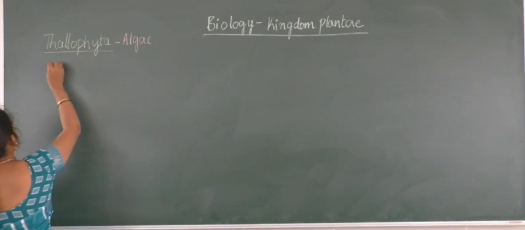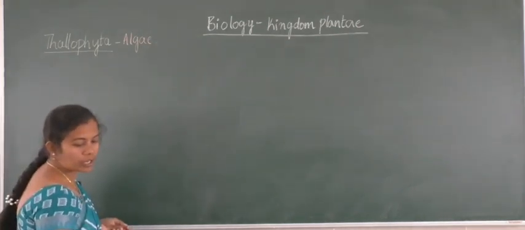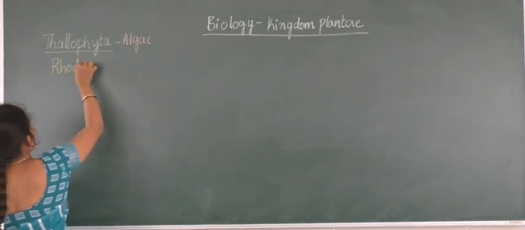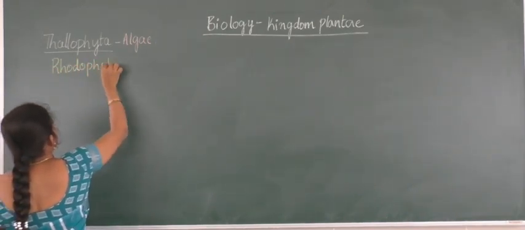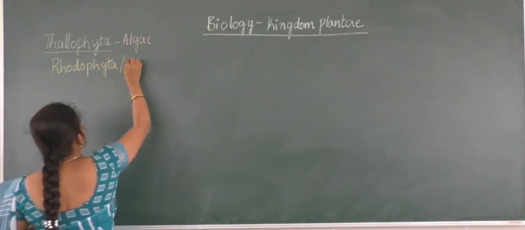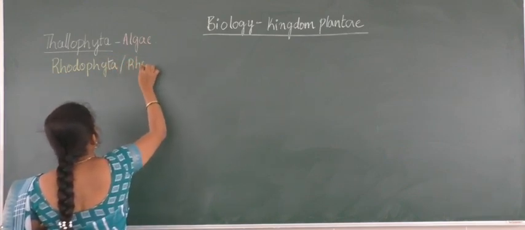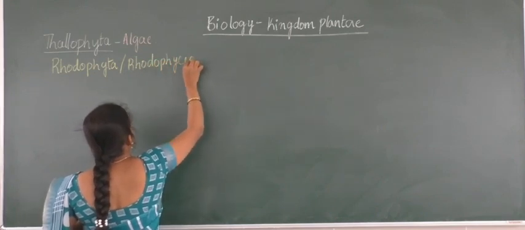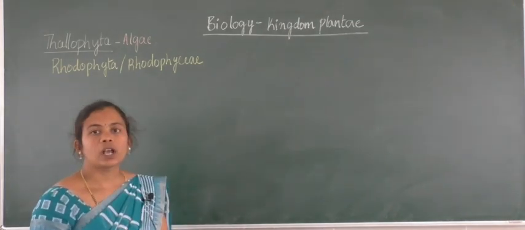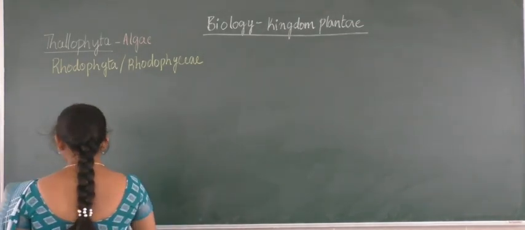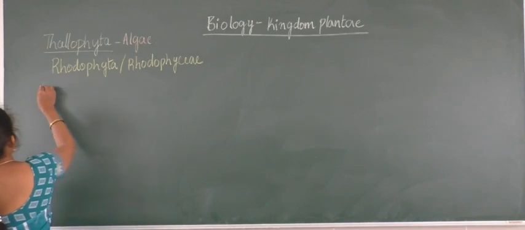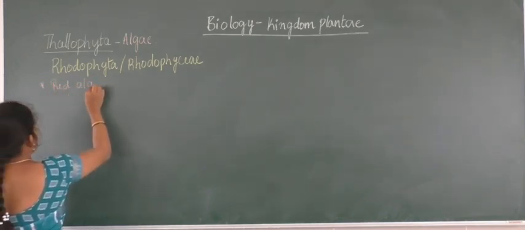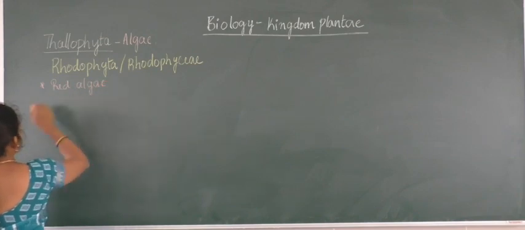In this session we are going to discuss the next group of organisms called Rhodophyta, or Rhodophyceae. Commonly this organism is called red algae, as it is red in color.